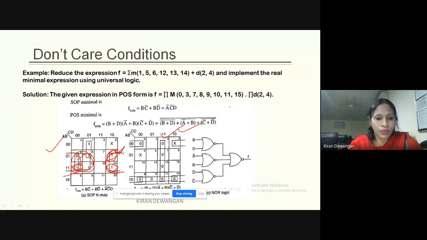So here we were talking about the essential prime implicant and false essential prime implicant.